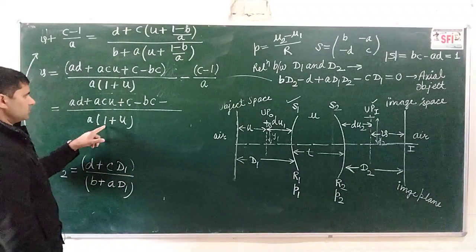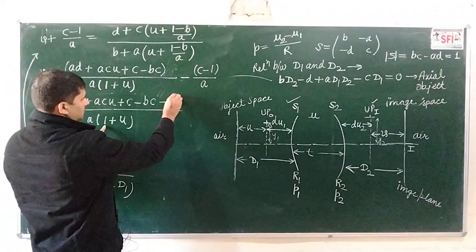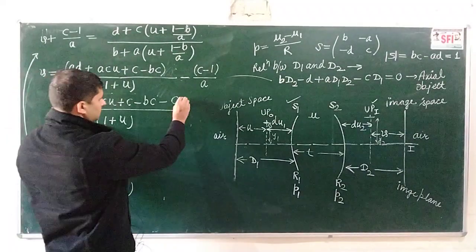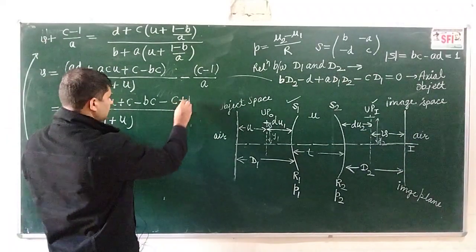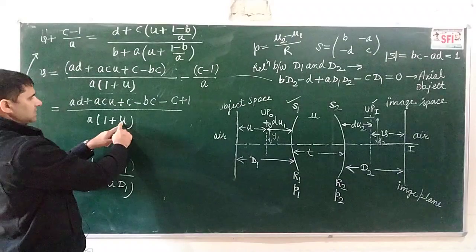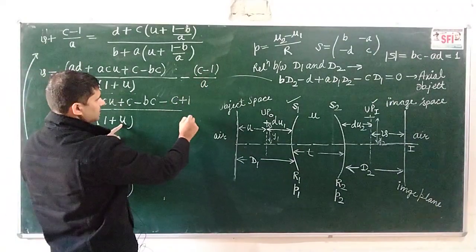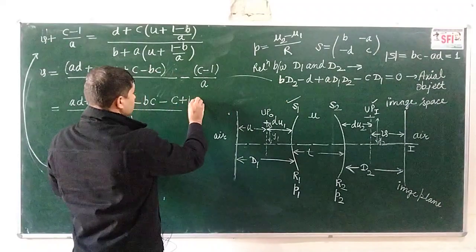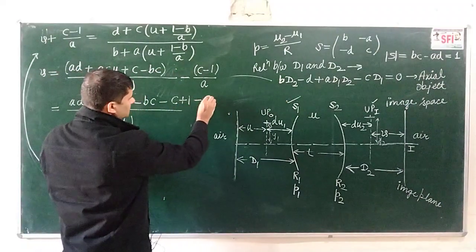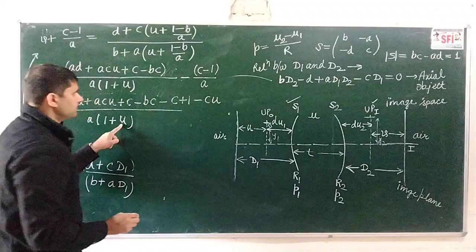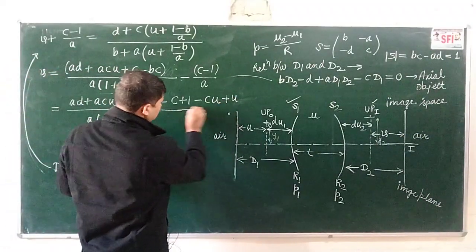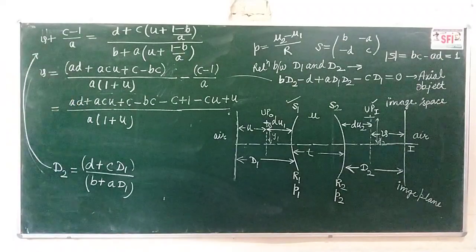So firstly, if you multiply C with 1, that is minus C you will get, and then you will get plus 1, okay, sign will change, and multiply u with C minus A here, and here you will get minus cu, and then plus u, okay. So this is the thing.